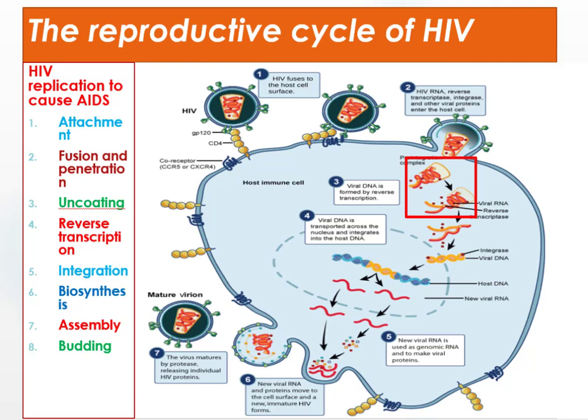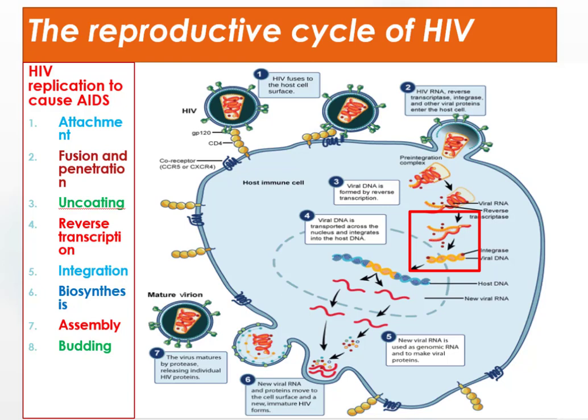Therefore, to use its genetic material RNA for replication, the HIV protective coating surrounding the RNA must be dissolved. Once the protective coats, capsid protein P24 and matrix protein P17, get dissolved, reverse transcriptase enzyme uses building blocks from the T helper cells to synthesize a double strand of DNA complementary to the viral RNA.